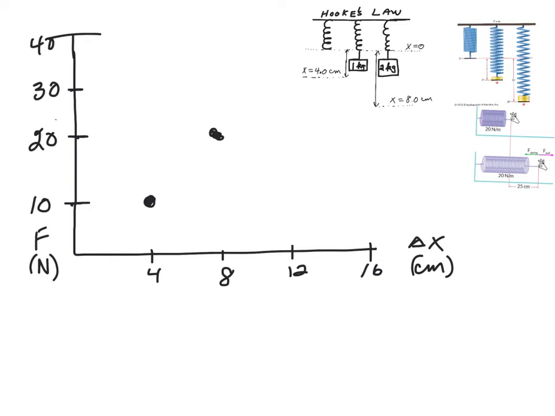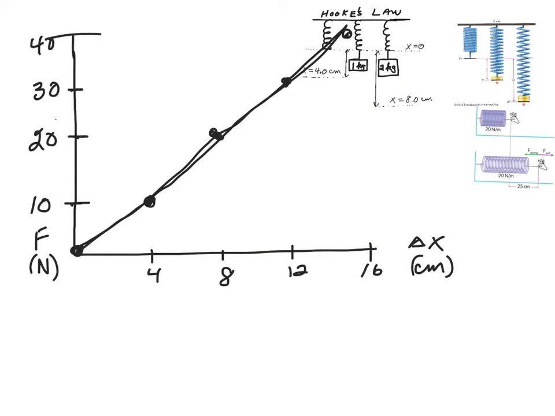And so we might predict that if we triple the force, we're going to get triple the length of stretch, and quadruple the force, and we get quadruple the length, and we get a straight line, where 0 force means 0 stretching.